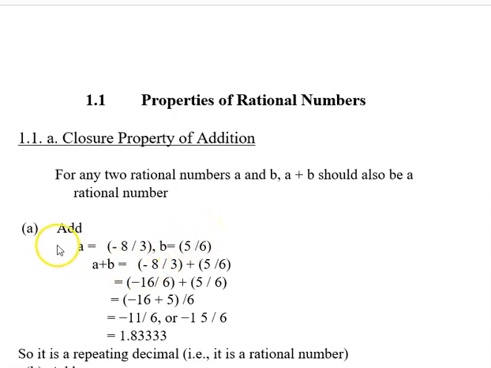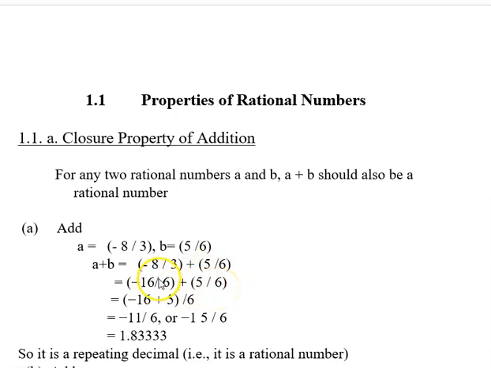We'll see this with an example. Now we are given two rational numbers, a, that is negative 8 over 3, and b, 5 over 6. We are going to add these two rational numbers, a plus b. So negative 8 over 3 plus 5 over 6. Since the denominators are different, we are going to make a common denominator.